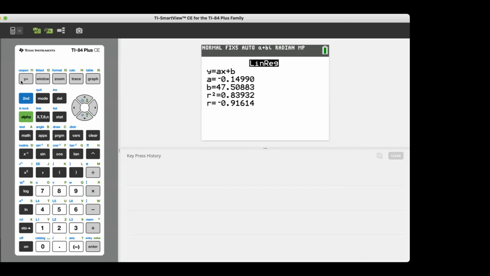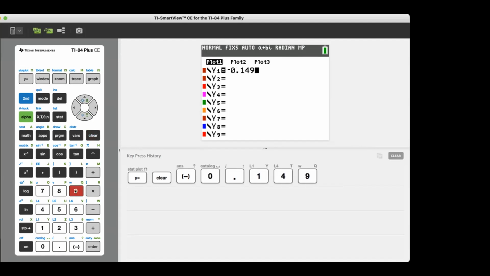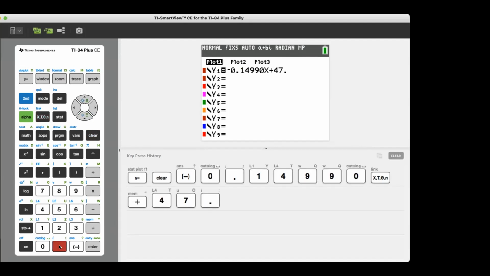Okay. Then I'm going to click the Y equals window and clear whatever I had from the previous time. Press the clear key. The a is negative 0.14990, then variable X. B is 47.50883.